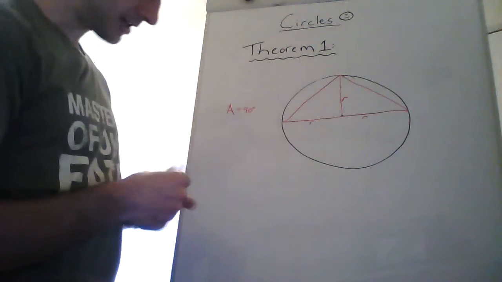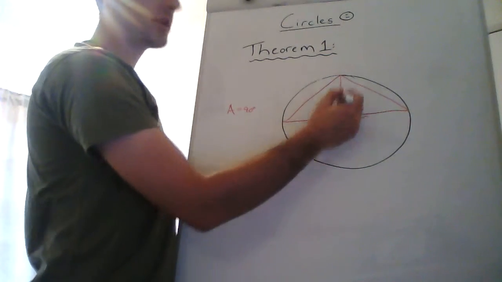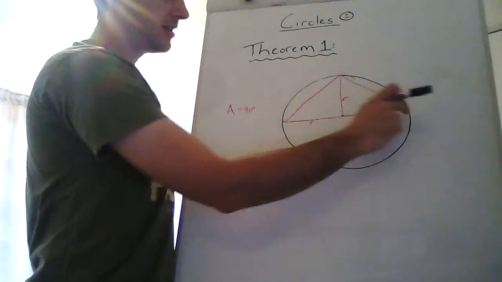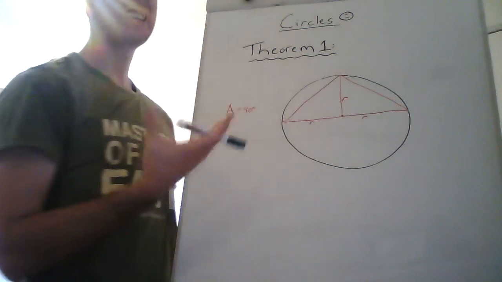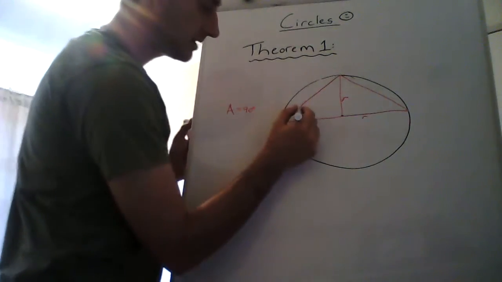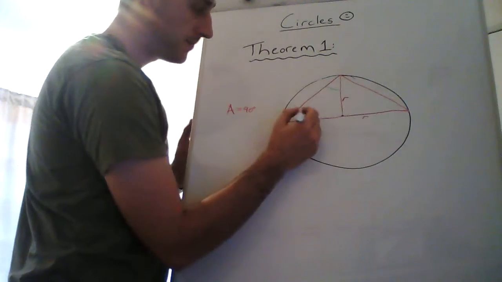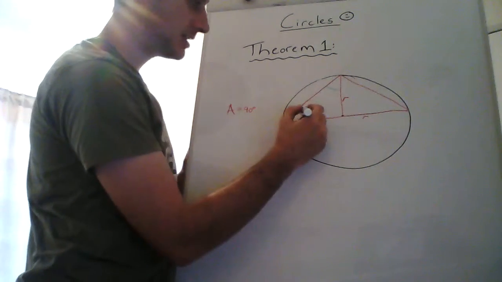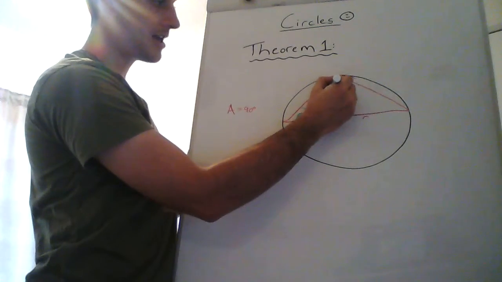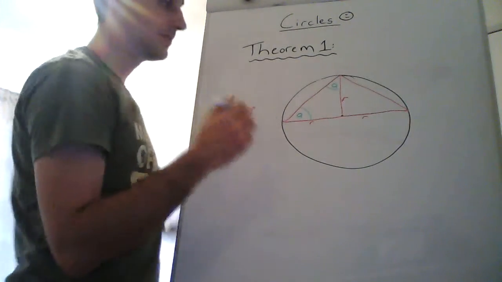Because what can I say? Well, if I look at this triangle over here, I can see that this is an isosceles triangle. If I look at this triangle over here, I can say that this is an isosceles triangle as well. Okay, so that means that if I was to label this triangle, let's give these angles A. I know that angle A is going to equal angle A in the corner here, because this is an isosceles triangle, two radii equal.